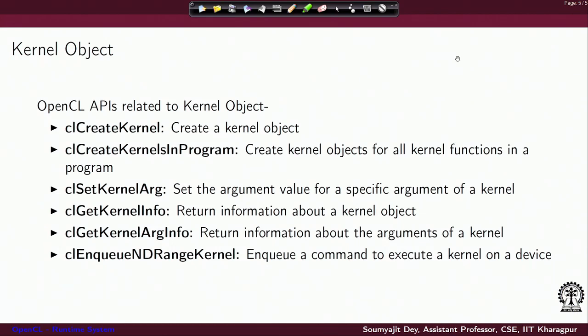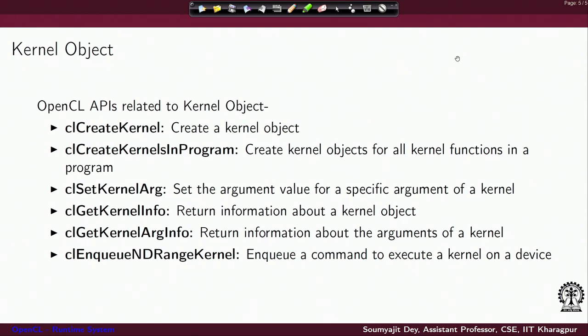For manipulation of kernel objects, you again have specific OpenCL API support. For example, you want to create a kernel object, or create kernel objects for all kernel functions in a program. In a program, of course, you can have multiple kernel functions.